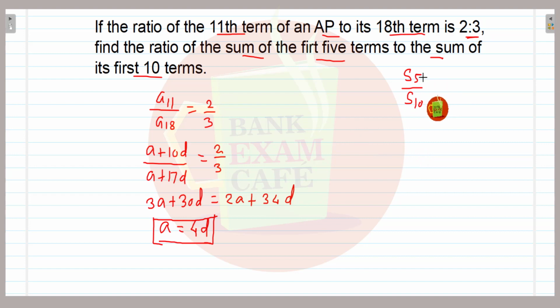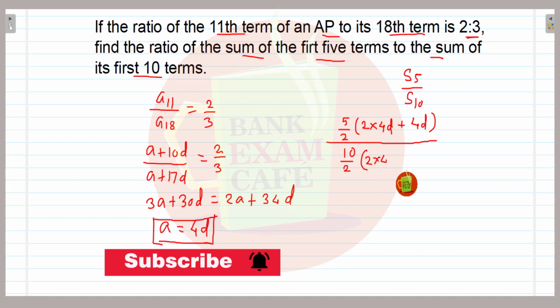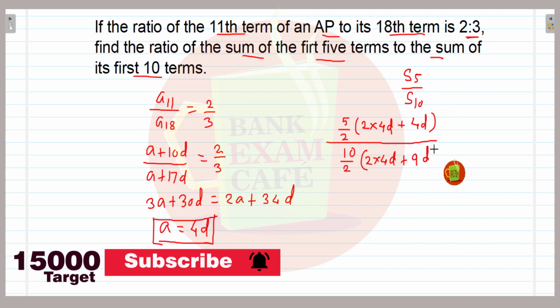So n by 2, the number of terms is 5, so it will be 5 by 2 into bracket 2A, so 2 into A is 8d, plus n minus 1 into d, so 5 minus 1, that will be 4d, upon S10, that is n by 2, n is 10, so it will be 10 by 2, inside the bracket 2A, again it will be 2 into 4d plus n minus 1, that is 10 minus 1 will be 9d.